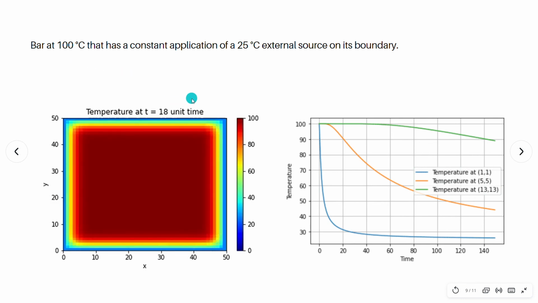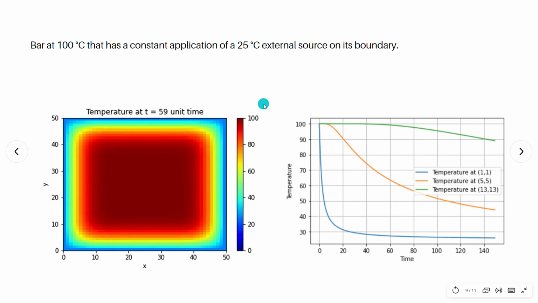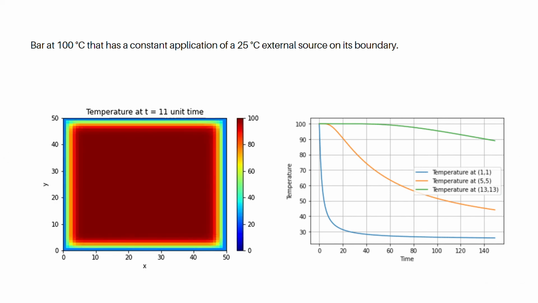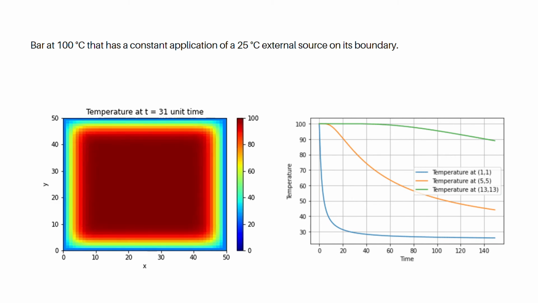Now we have got another variation, that is, we have a block at 100 degrees Celsius. The block is uniformly heated to 100 degrees Celsius, and now we have a constant application of a 25 degrees Celsius external source on its boundary.